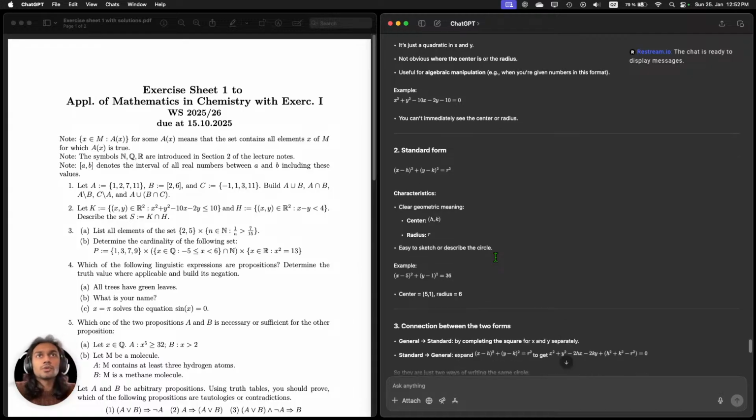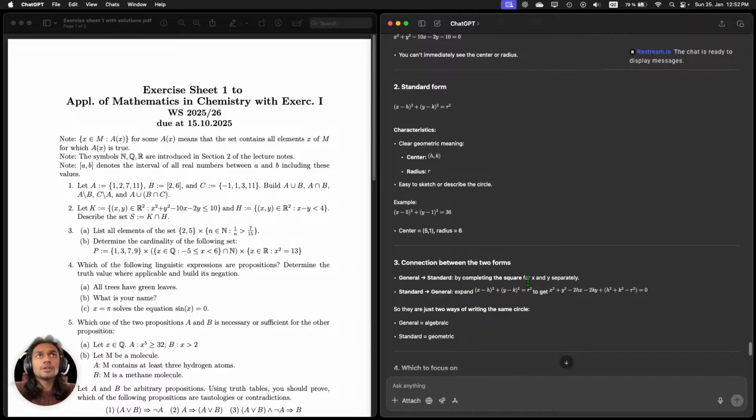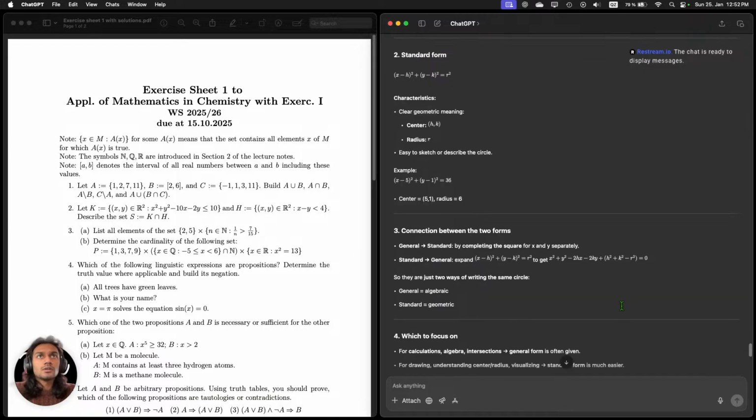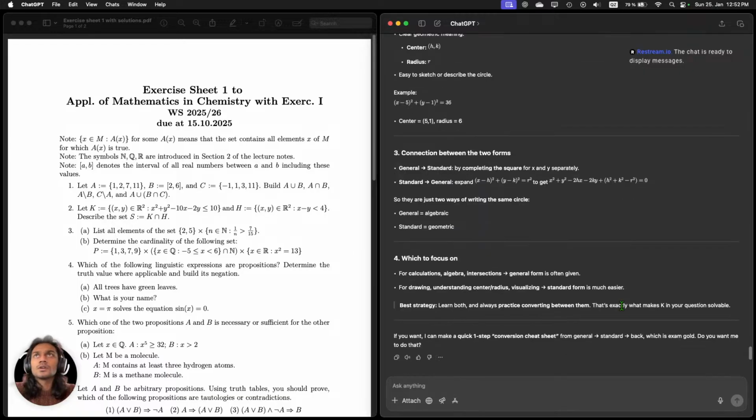Connection between the two forms: general to standard by completing the square separately, standard to general by expanding. So what we did here was convert the general form to standard.